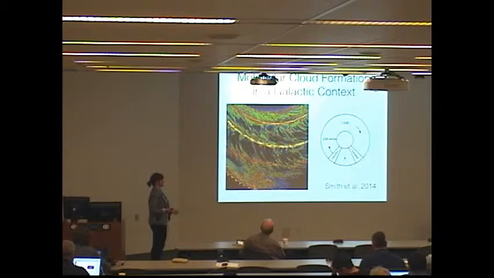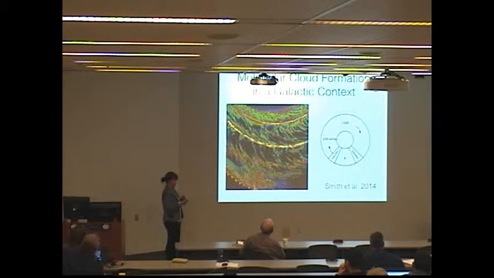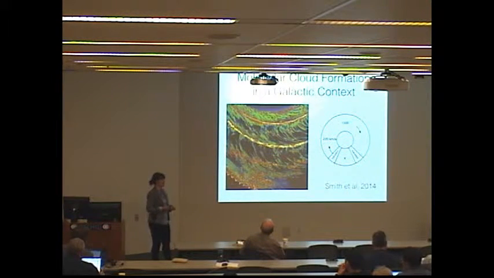And this is some very nice work by Rowan Smith where she is simulating the formation of molecular clouds in a little wedge of a galaxy where they have imposed a potential for the spiral arms, and she's trying to understand how clouds form in this potential. You get these sort of fingers, et cetera, and what chemical composition you get.